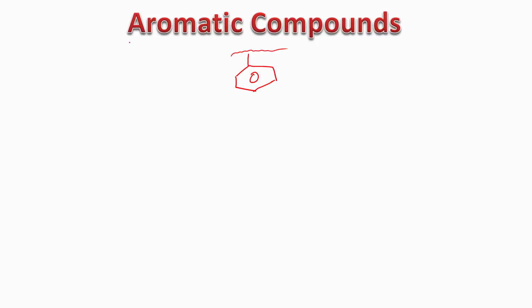And that is what we have categorized this thing as aromatic compounds. So aromatic compounds are the compounds in which we have benzene type of rings and they are attached to either functional groups or side chains, and we're going to see all those possibilities.